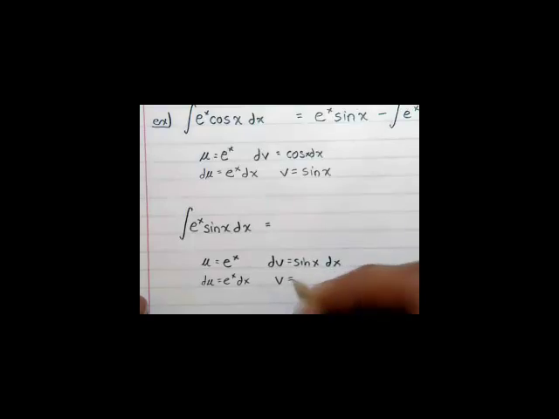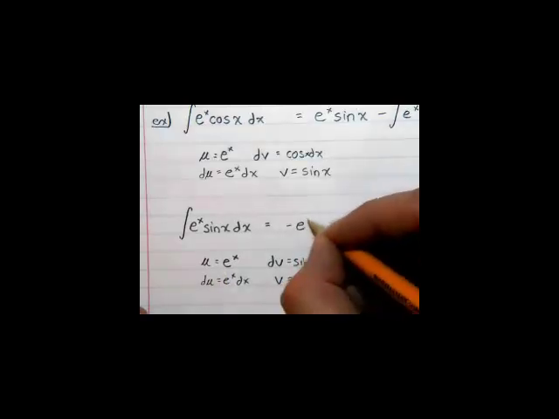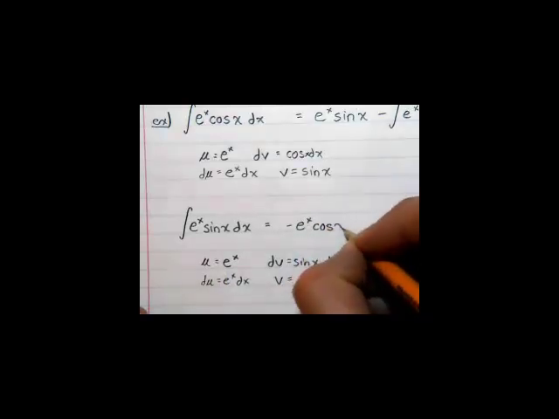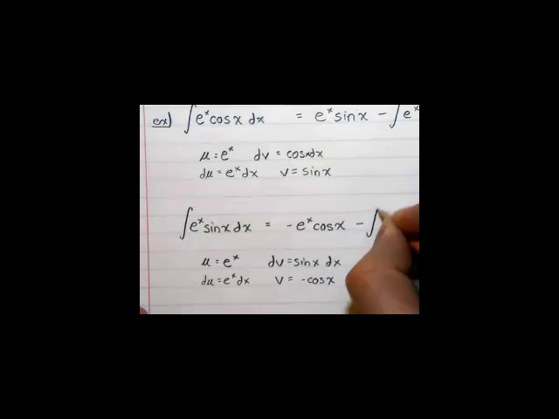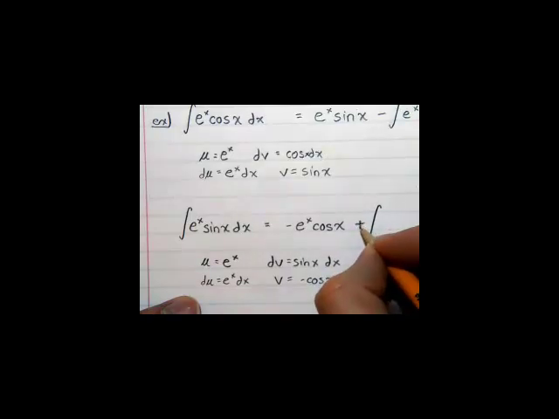My v would be negative cosine x. So this one, u times v, negative e to the x cosine x minus the integral of v du. So since this is negative, actually we can turn this into a plus then. But then I've got e to the x cosine x.